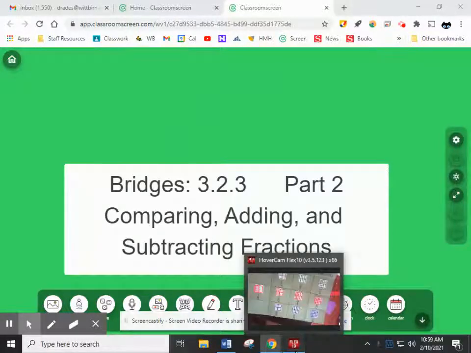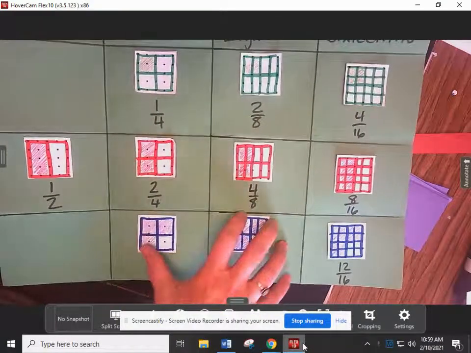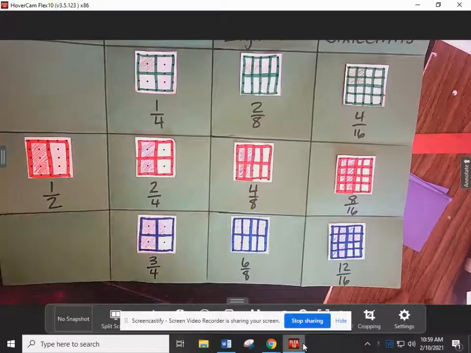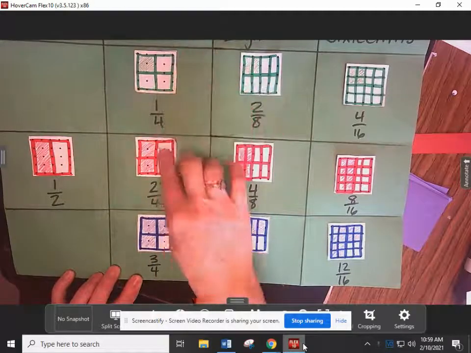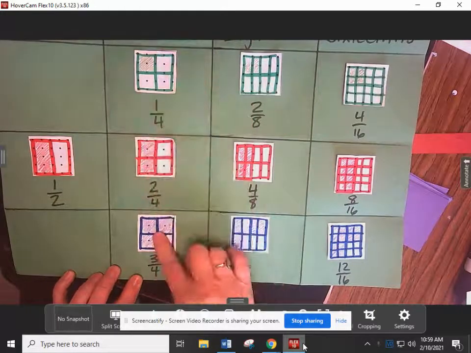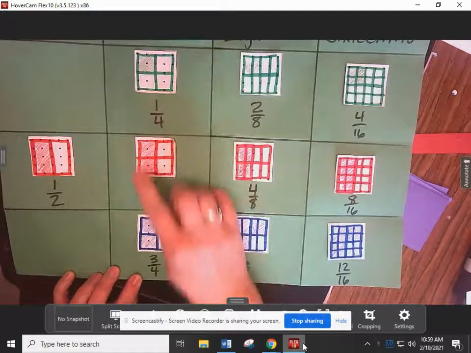Yesterday, you finished your poster. Today, we finished our posters, and we have been talking about the fractions we have on our posters. The first thing we did is we observed how in a column for the fourths, we had 1/4, then another fourth was added, and another fourth was added.